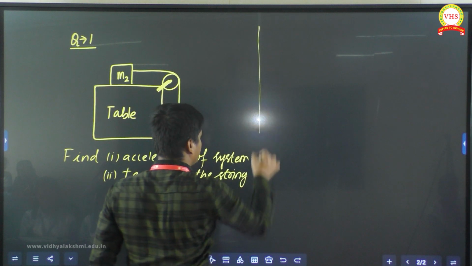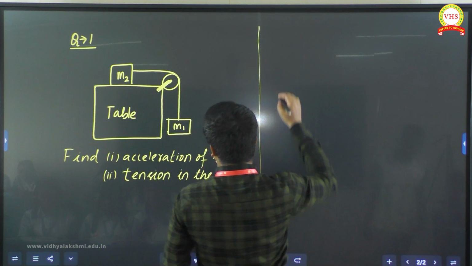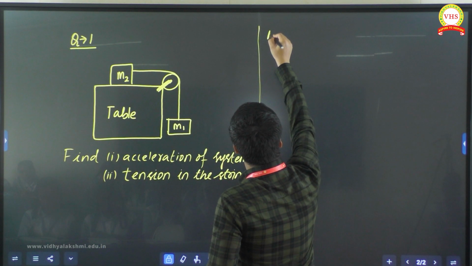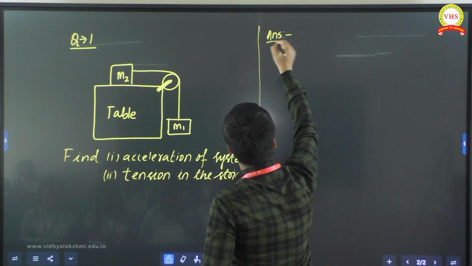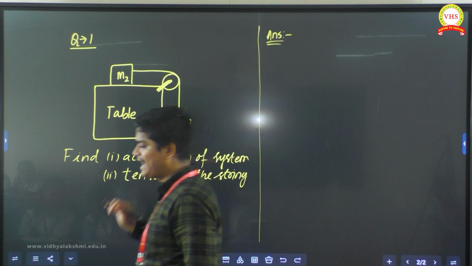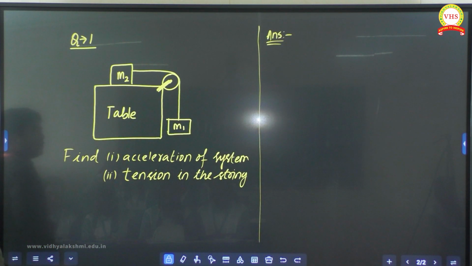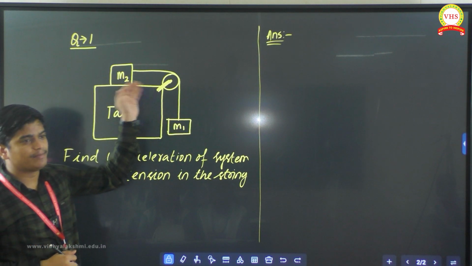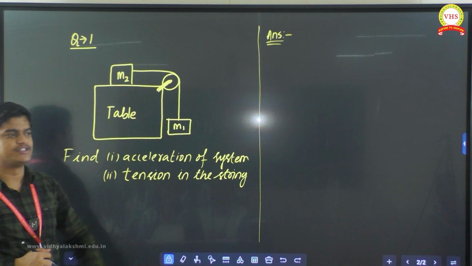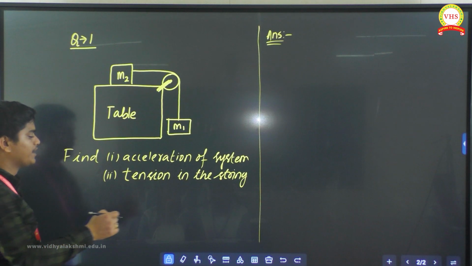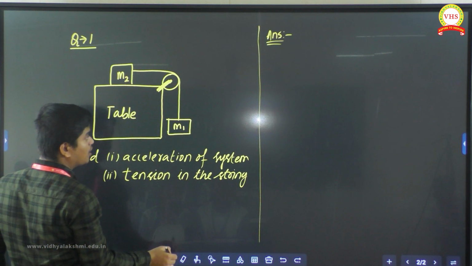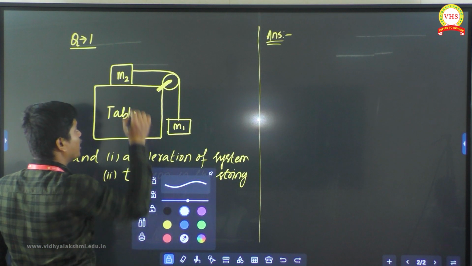All of you listen carefully here. First we'll find the acceleration of the system, with which acceleration both masses, or the total system, are moving, and the tension in the string. You tell me, here it is one string or double string? Only one string.